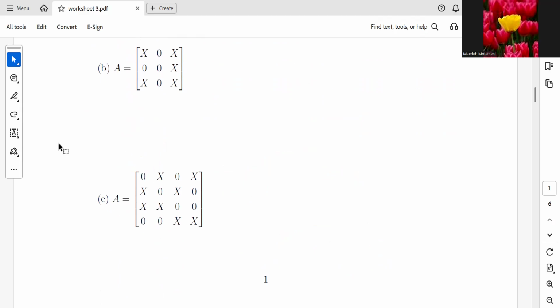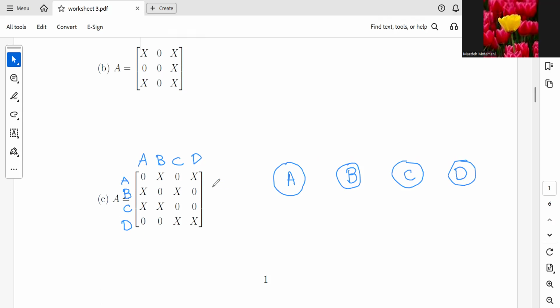So starting here, A, B, C, and D, and also here, A, B, C, and D. We need to draw 4 circles, A, B, C, and D. So first row, there is a relation starting B, ending A, and starting D, ending A. So something like this.